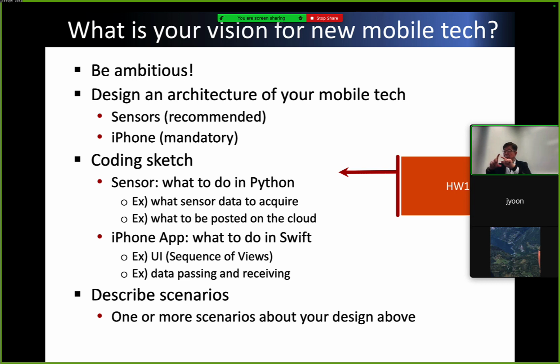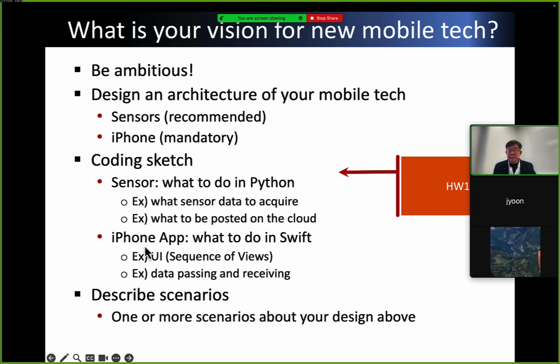If you click one button there, then the next view comes up. There you can click something, then the next view comes up. You can come back to the previous views. So among the views, data needs to be passed from one view to another view, and then received. That type of thing needs to be done.